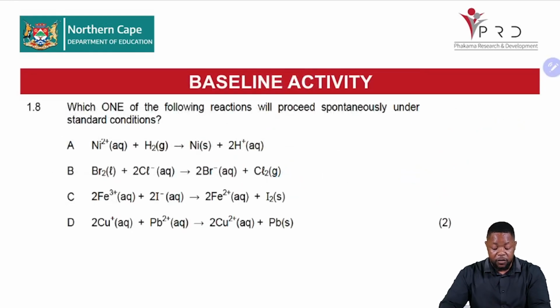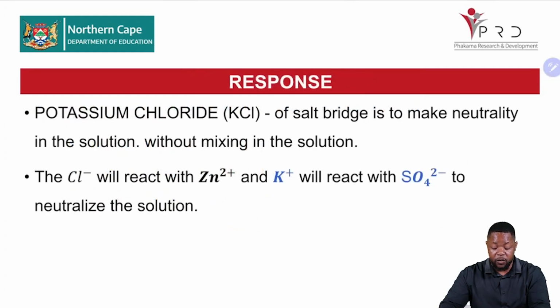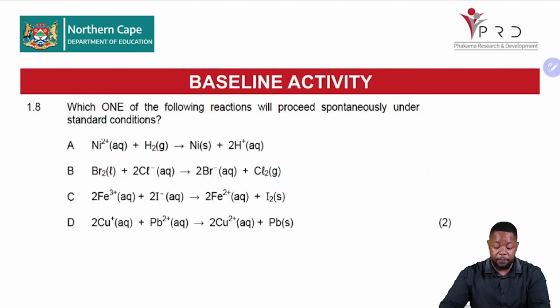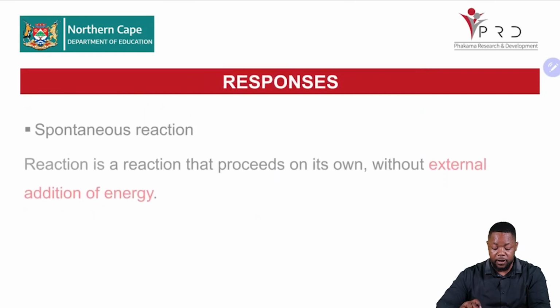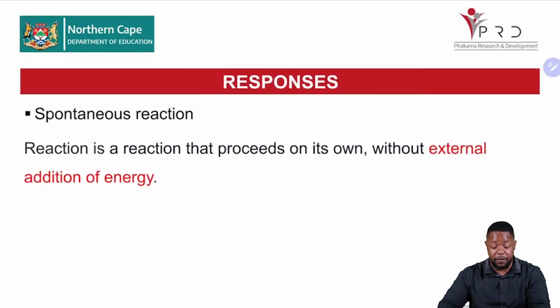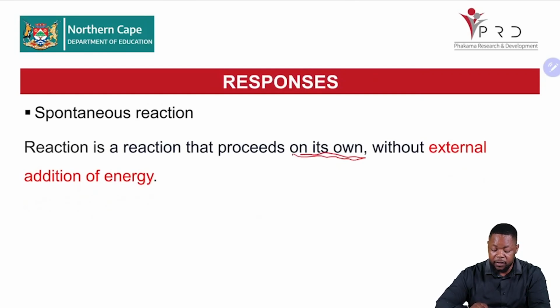The baseline activity continues. Which one of the following reactions will proceed spontaneously under standard conditions? You should be able to respond to this question at the end of this lesson. A spontaneous reaction is a reaction that proceeds on its own without external additional energy.